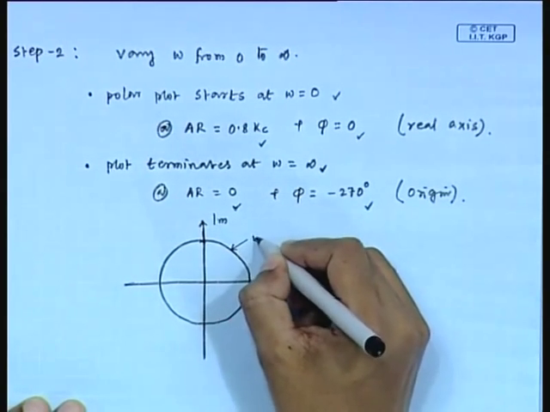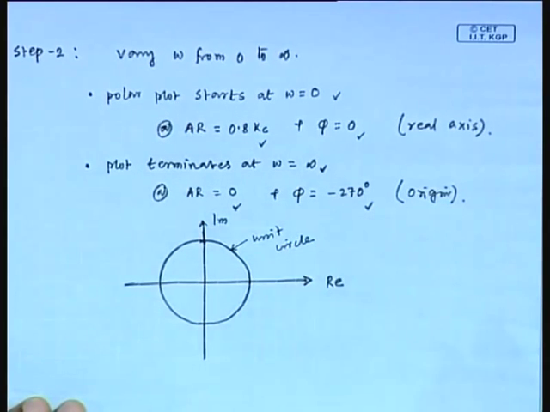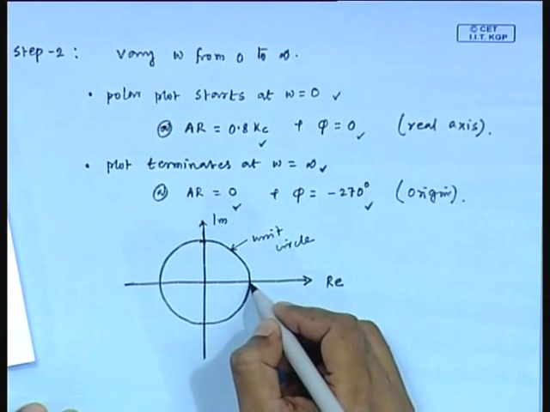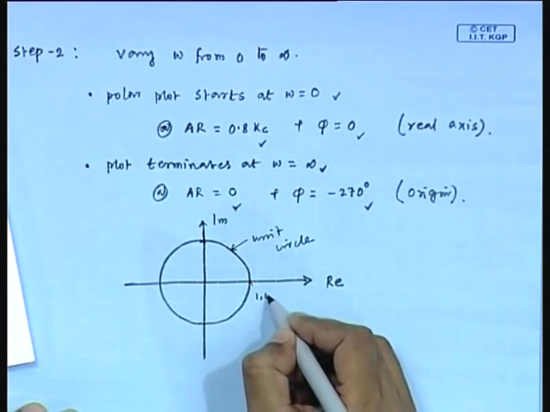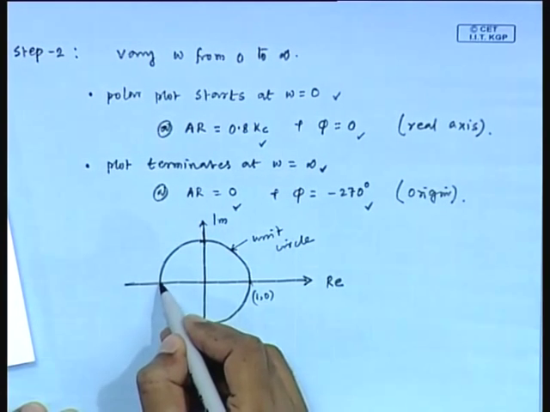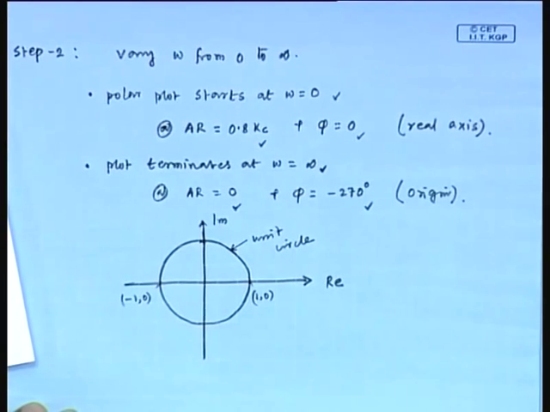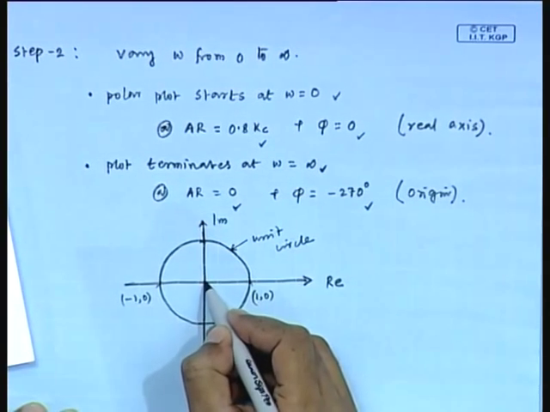Fine. That means this point indicates 1, 0 and this point indicates minus 1, 0 and this is the origin. Fine.